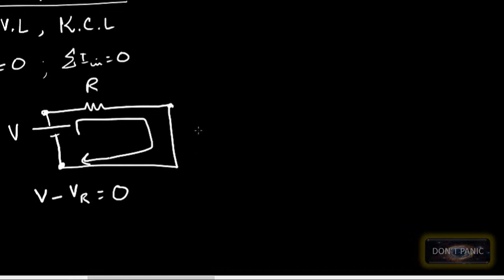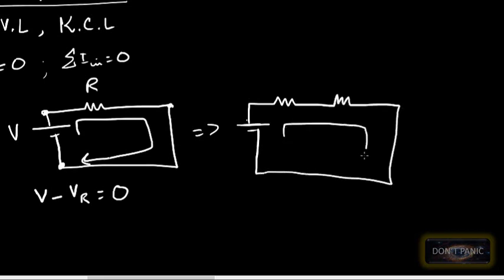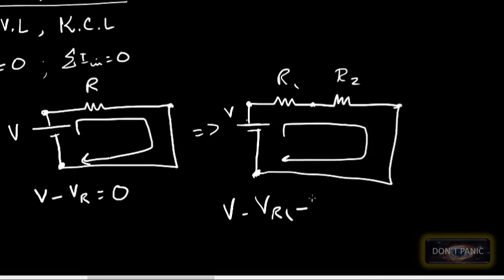Suppose you had two resistors, R1 and R2, with current going in this direction. You start at this point and go from here to here, and you gain a voltage V. Then you go across R1 and lose some voltage, and then you go from R1 to R2 and lose some other voltage, and that's equal to 0.